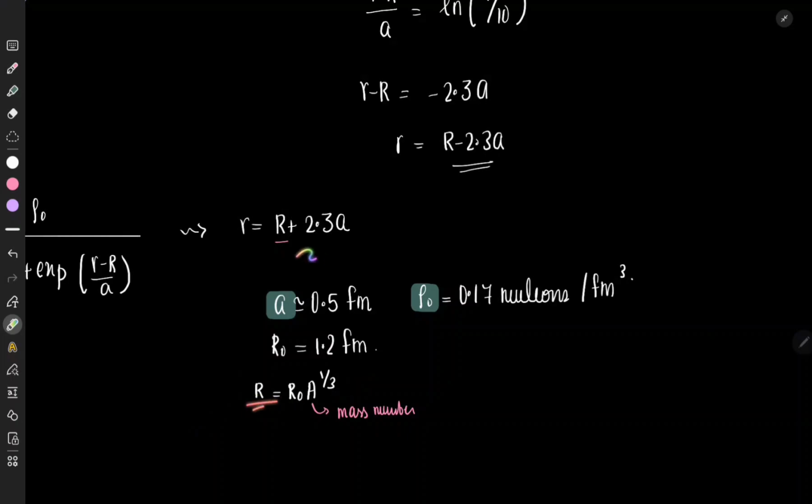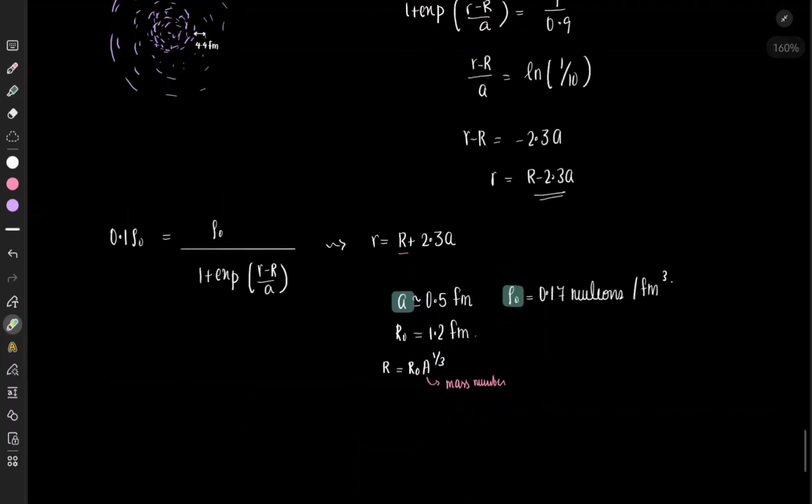So this equation depends solely upon the capital R, the distance from the center where the density falls to half its maximum. Okay, that's all for today. We'll see you in the next lecture.